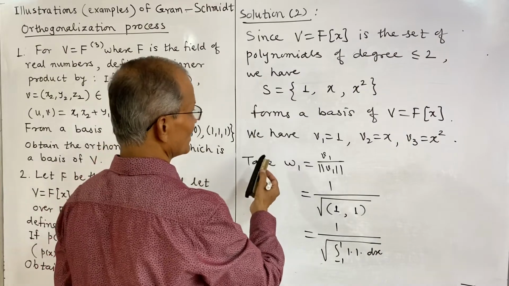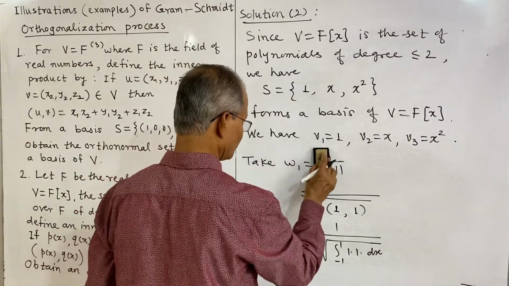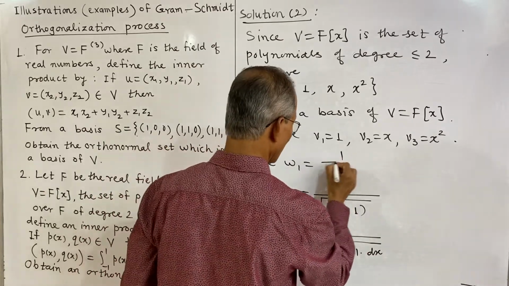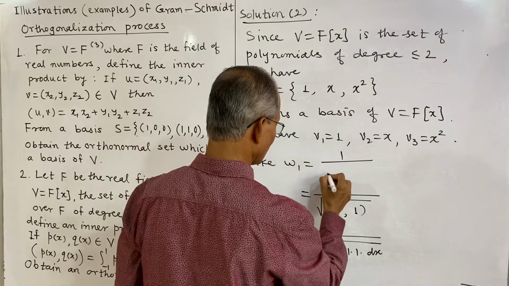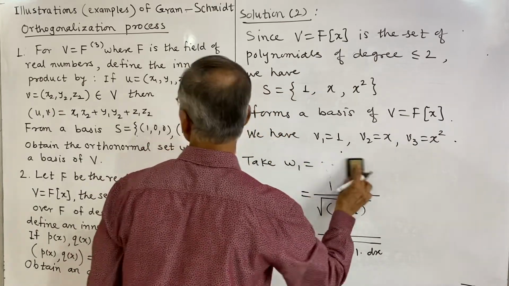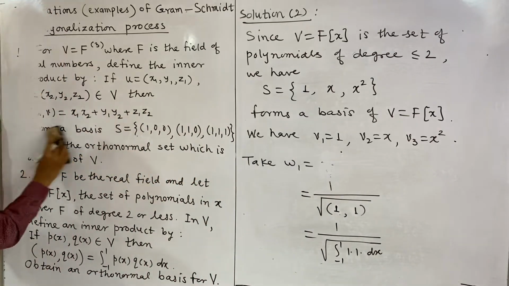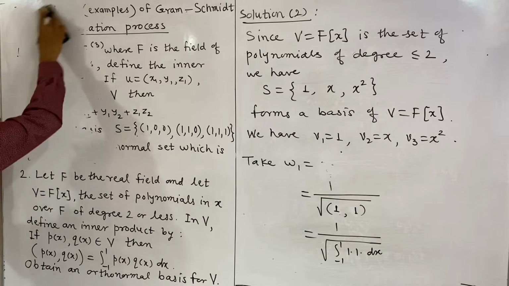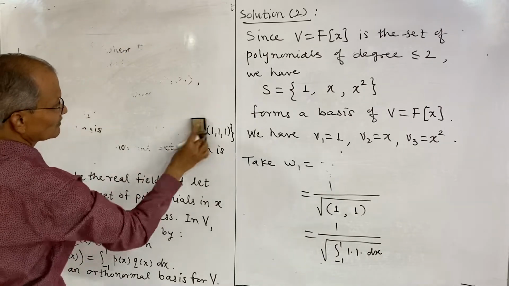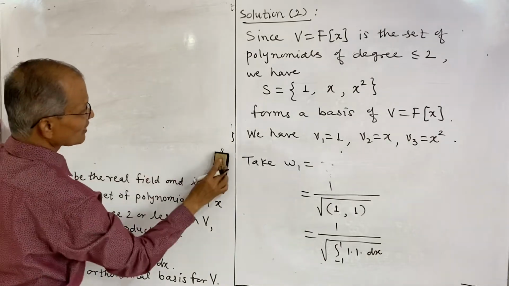The integral of dx is, so I shall write here itself, W1 is equal to 1 divided by under root of, this problem we have solved, so I shall use this space to write.